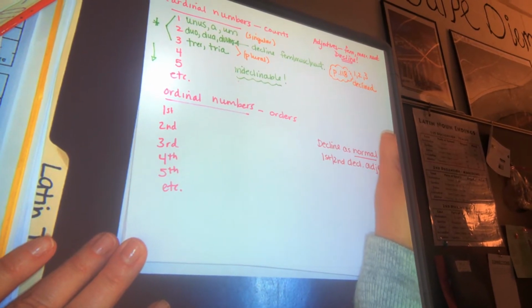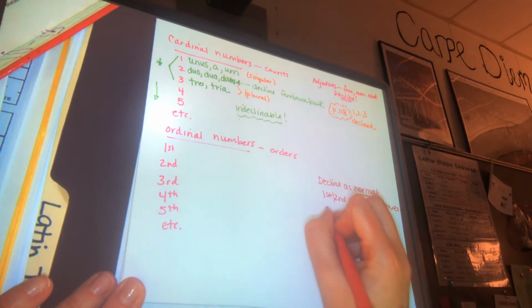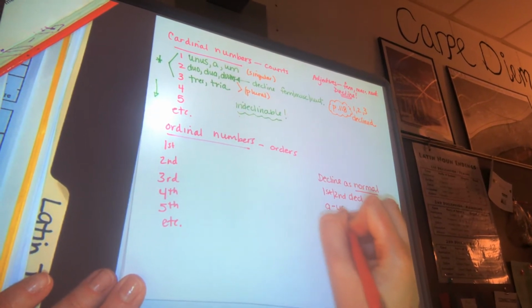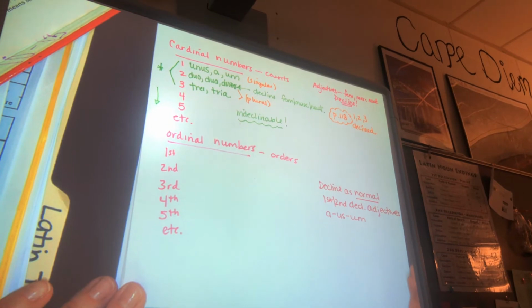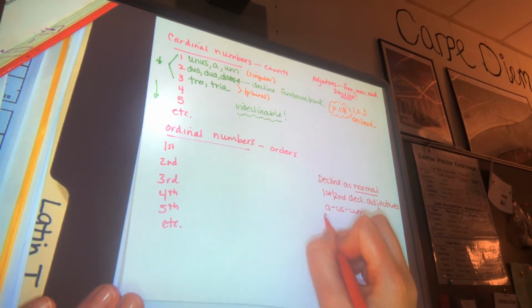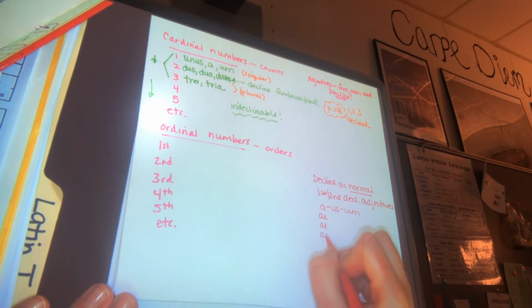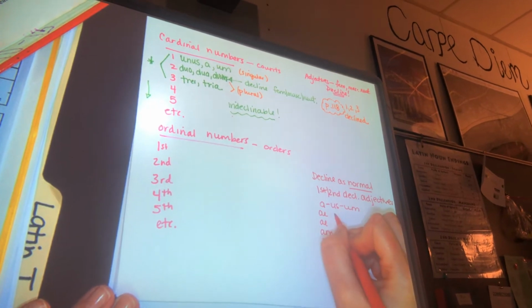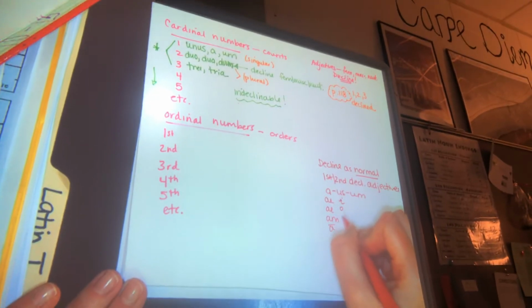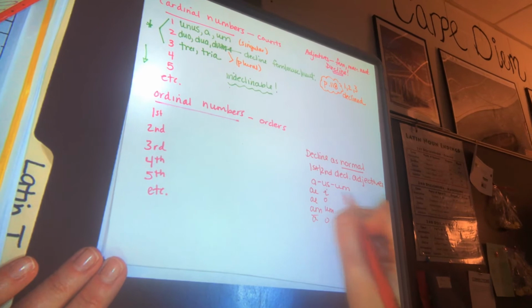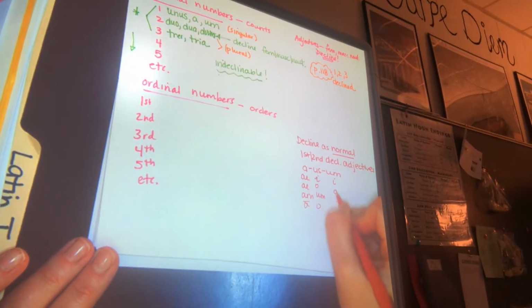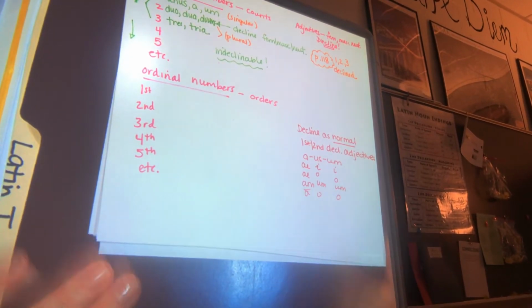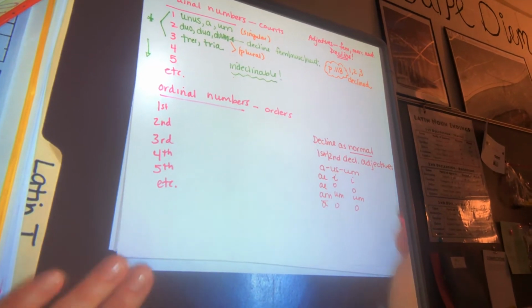Remember, first and second declension adjectives, just your normal a, us, um. That's your a, ae, ae, am, long a. Us, eri, o, um, oi, orum, umi, o, umo. And so on. So just normal endings.